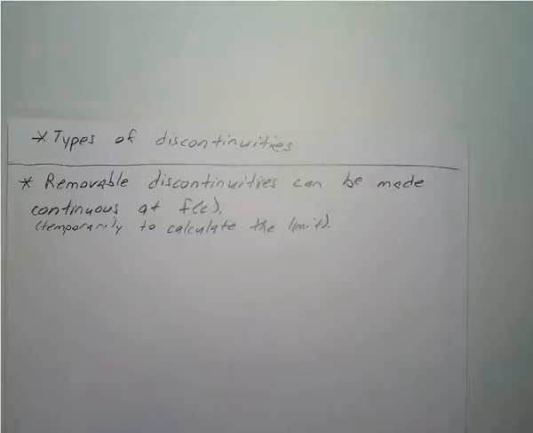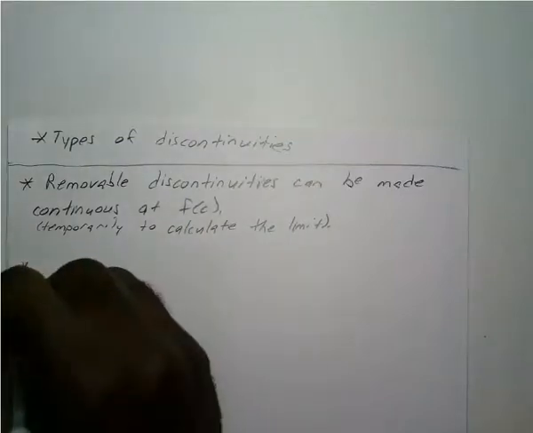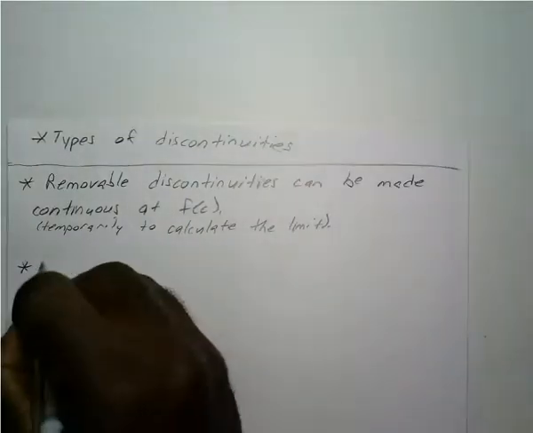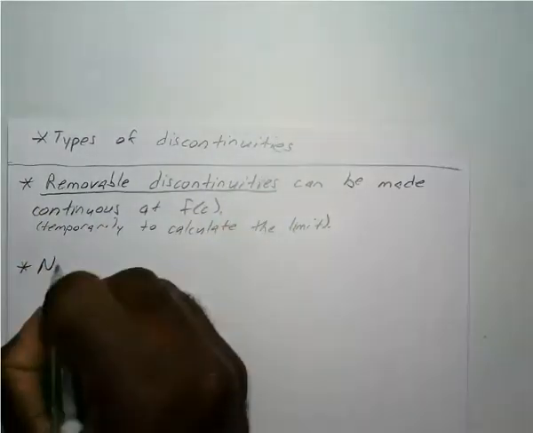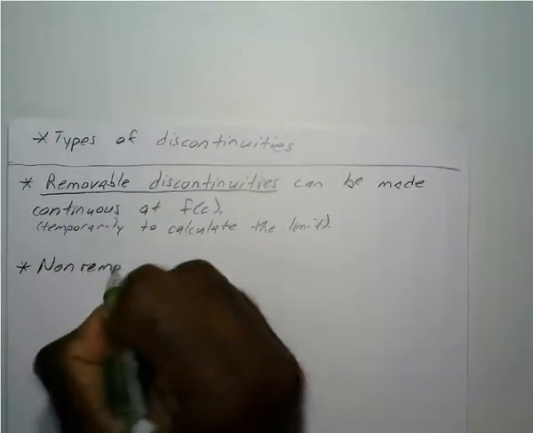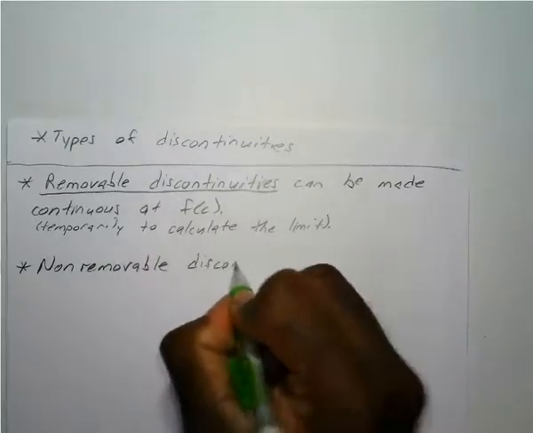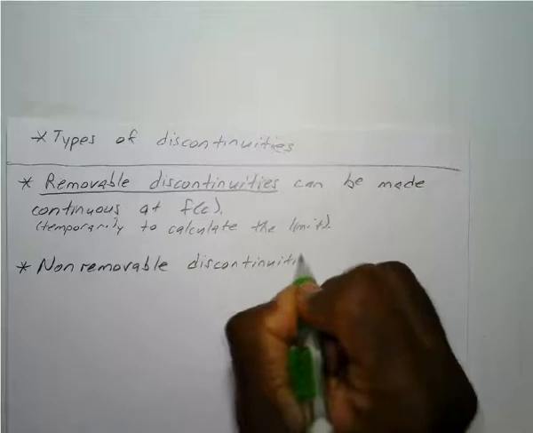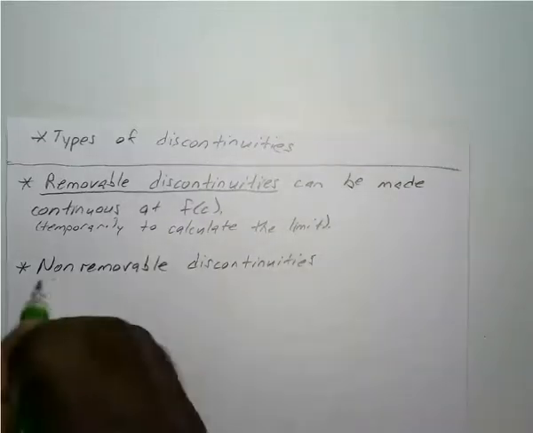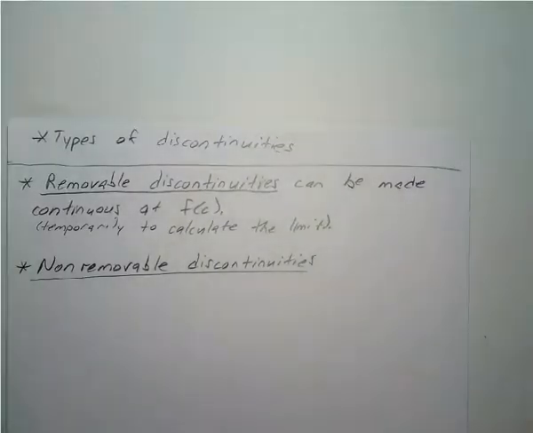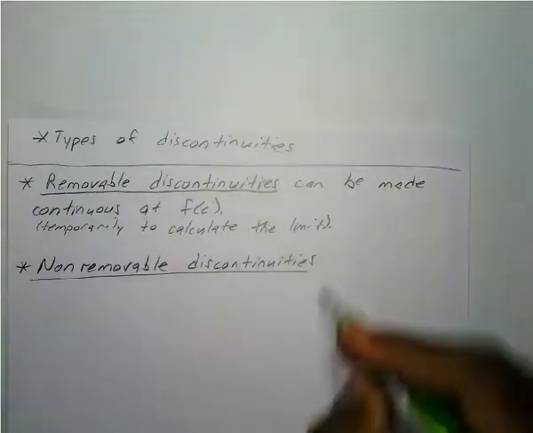Okay, so we're not making it continuous overall, we're just making it to the point to where we can find the limit by making the function continuous. Okay, now non-removable discontinuities will remain discontinuous.